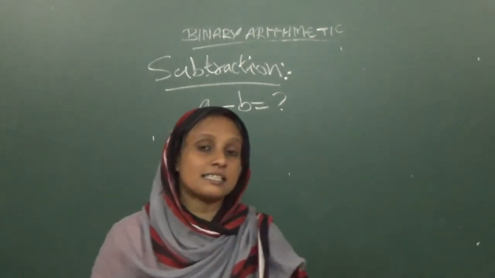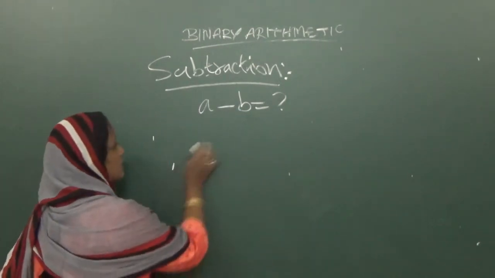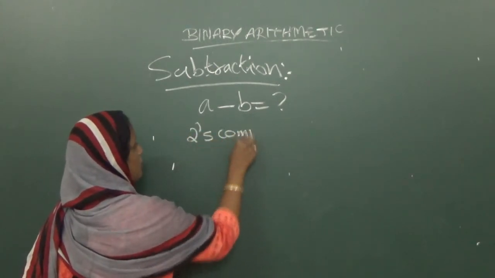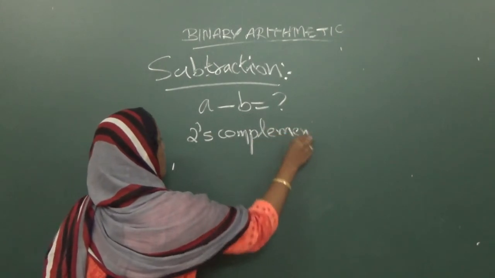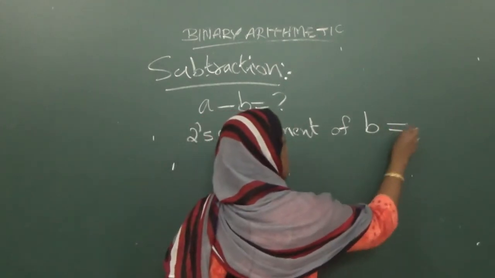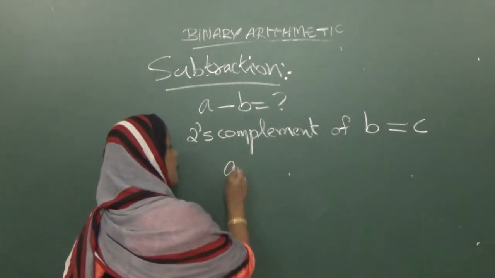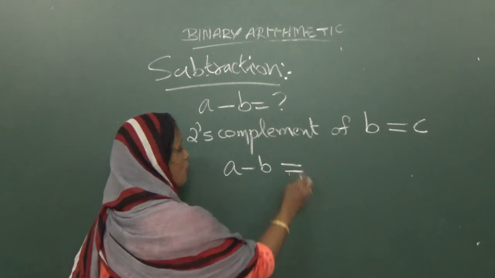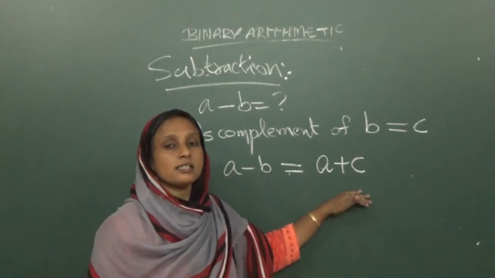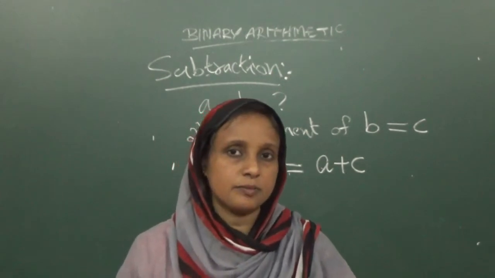This gives us the subtracted result of A minus B. So we can write here the 2's complement of B. Let it be C. Then A minus B is equal to A plus C. This is the rule for doing binary subtraction.